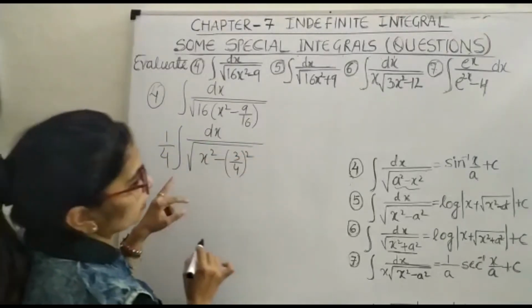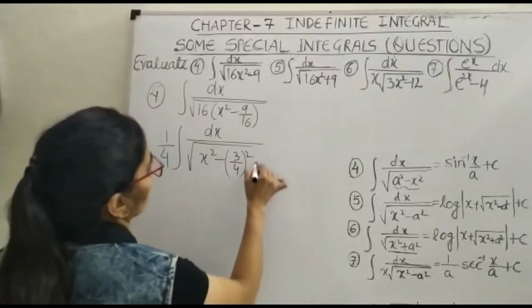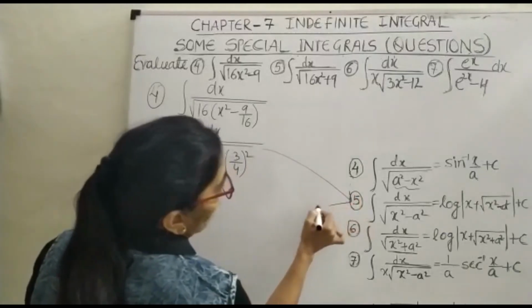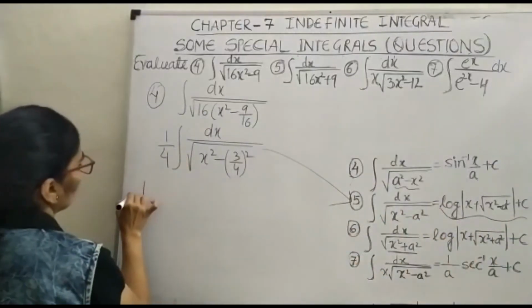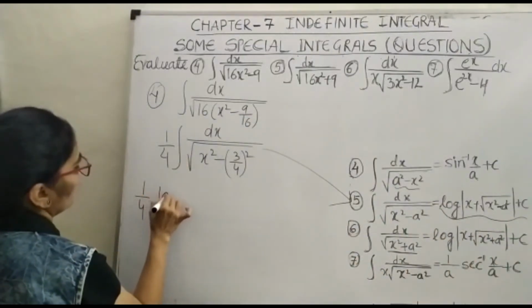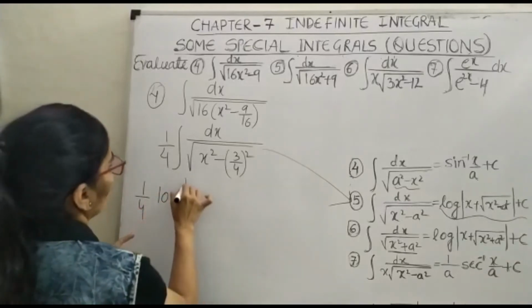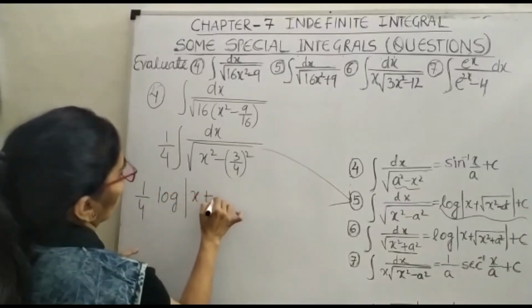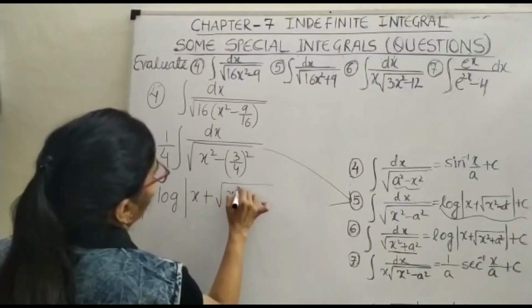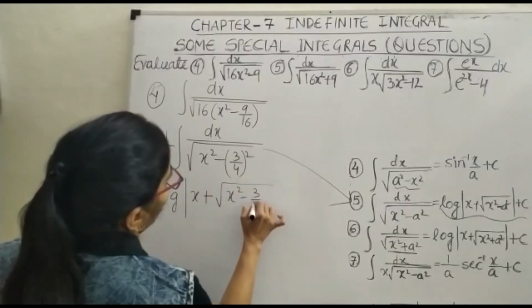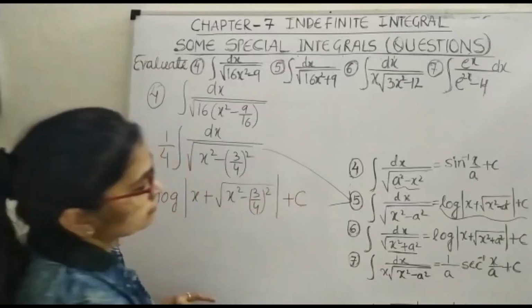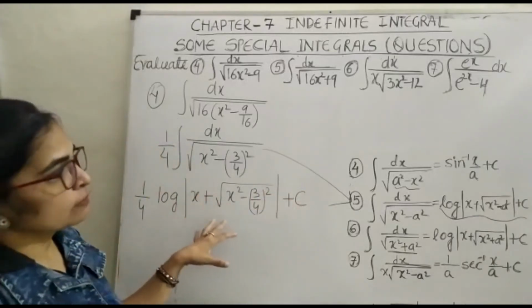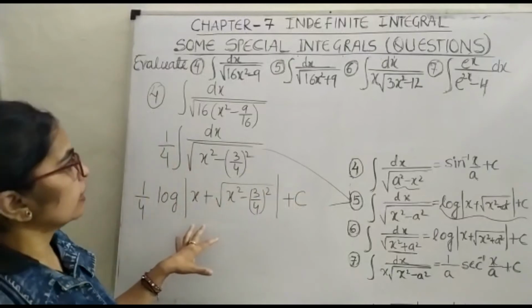Right. अंडर रूट एक्स स्क्वायर माइनस ए स्क्वायर, ये आपका इस फॉर्मेट का है. You will use the result, that is 1/4 log x plus under root x square minus 3/4 the whole square plus c. Further you can simplify, otherwise you can keep your answer as it is.